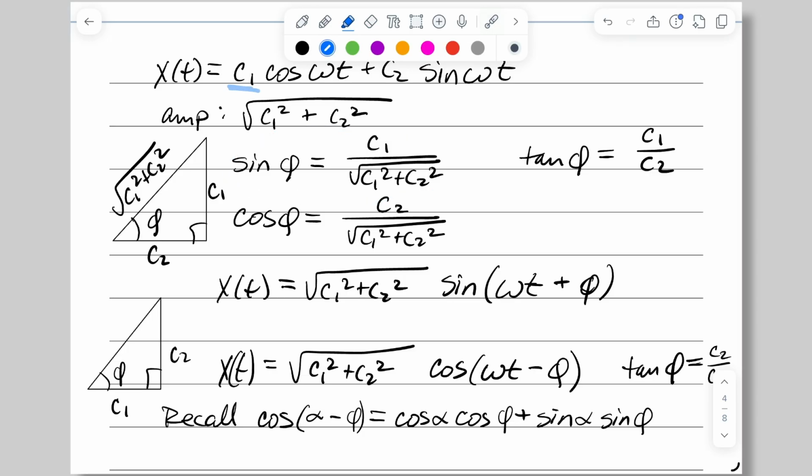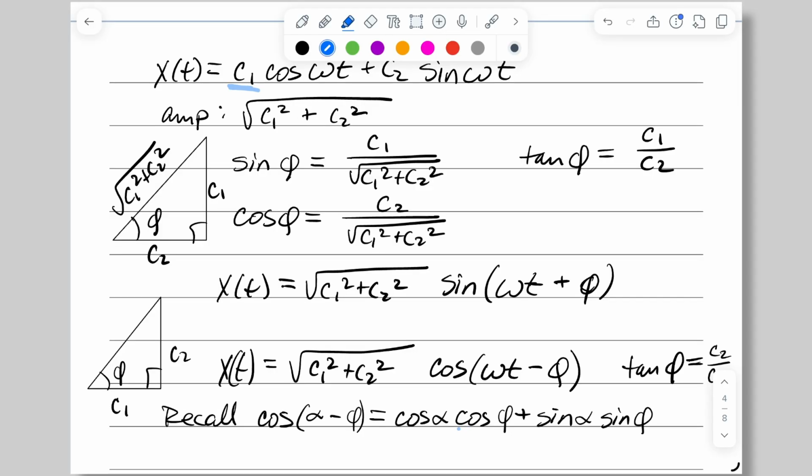But now when we're using the cosine, c1 should be associated with the cosine of phi. That means c1 is down here in the horizontal side of our triangle, and that gives us that the tangent of phi is c2 over c1. It's just a difference in the role that c1 is playing, whether we express the shifted function in terms of a sine or a cosine.